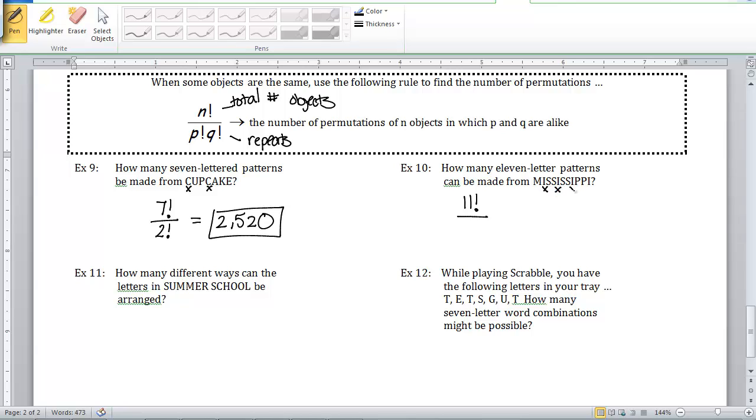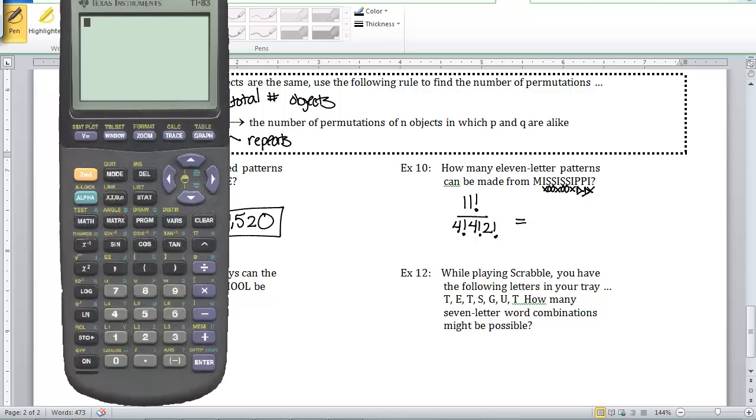So these X's represent all of my I's. I had 4 I's, but there was also 4 S's and 2 P's. So we have to divide by each of those repeating letters.